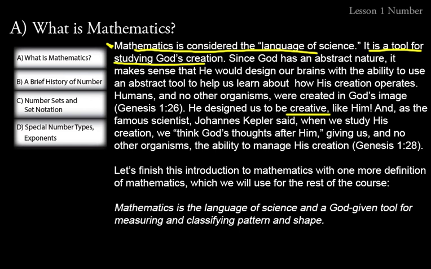As a famous scientist, Johannes Kepler, said, when we study God's creation, what we're doing there is thinking God's thoughts after him, and that gives us and no other organisms the ability to manage his creation, to wisely use the resources. Mathematical tools, because they are abstract, they supply just what is needed for a biblical and therefore scientific description of creation. And these tools, they'll help you be the best you can be at using and managing God's creation.